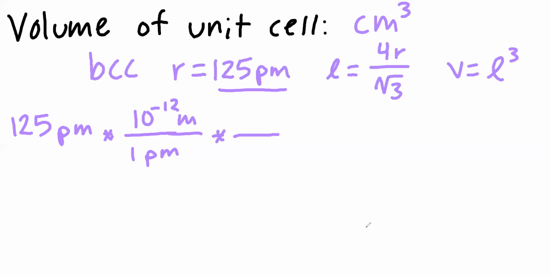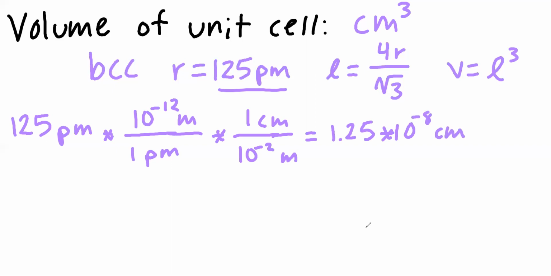And then from meters to centimeters is to the minus 2. So that gives us a radius of 1.25 times 10 to the minus 8 centimeters.